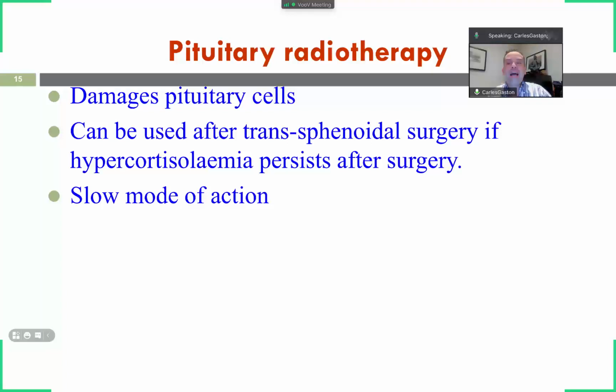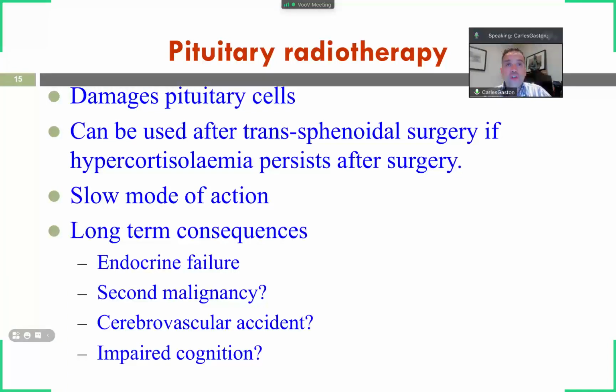It has a slow mode of action, so there are several sessions of radiotherapy, but there are comorbidities associated with the use of radiotherapy. If you think of a tumor in a child that is of school age and is still learning, it can have secondary damage with different consequences. This can lead to, for example, total destruction of the pituitary tissue, such as endocrine failure.